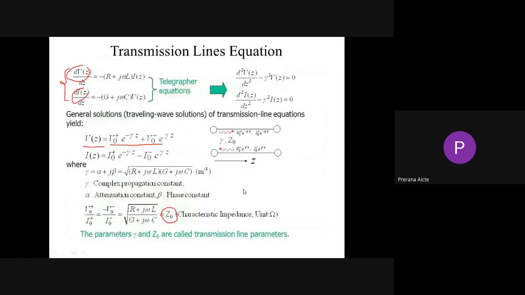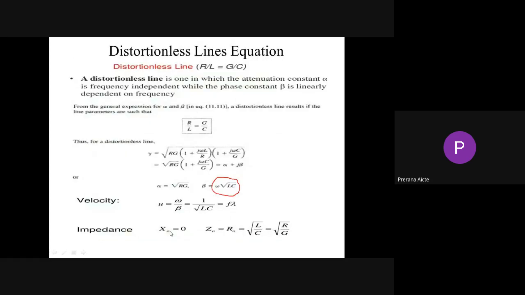So take R common: 1 + jωL by R. In the denominator, G common, so 1 + jωC by G. Now you can substitute L by R equals C by G. So it becomes only R and G terms, R by G or L by C. You can write it in any expression.